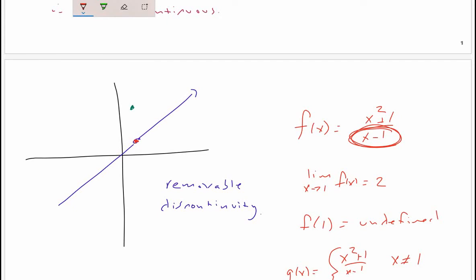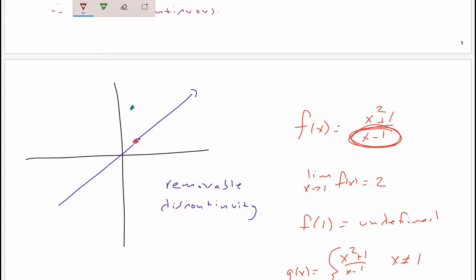We would have to remove one point and then add in another point. And that's giving us a different function, right? So we can't remove stuff in order to plug the hole. The hole just has to be there. So you want to be careful about the removal of discontinuities.